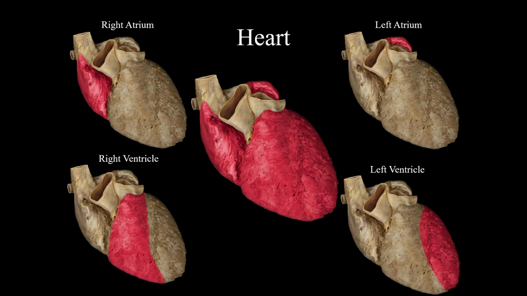Again, you should be able to identify all of these things. First key thing is always orient yourself to know what is left and what is right. And you should always, of course, use the left atrium. That's a good one to orient yourself with.